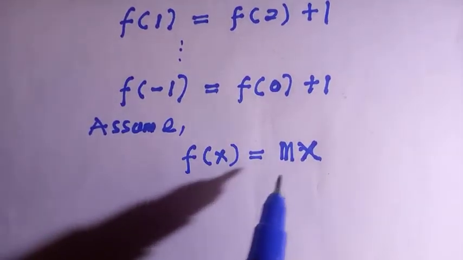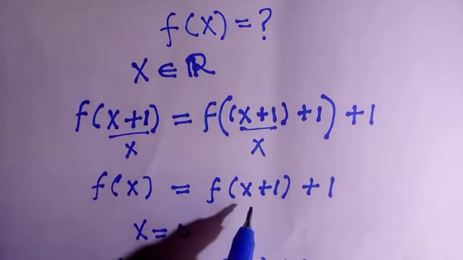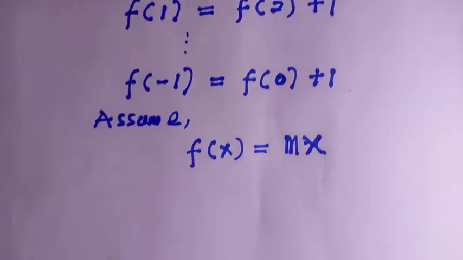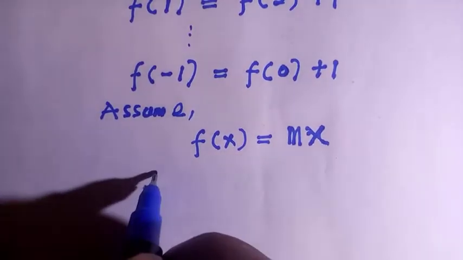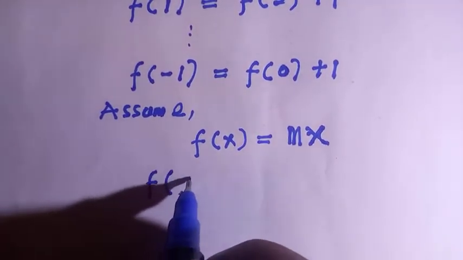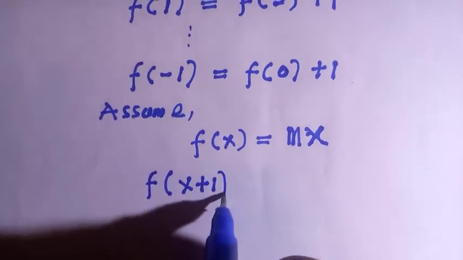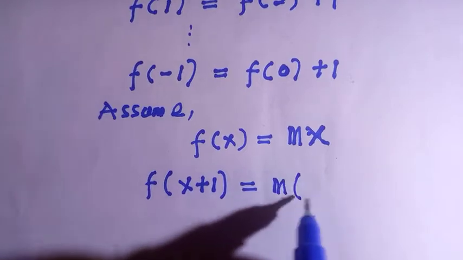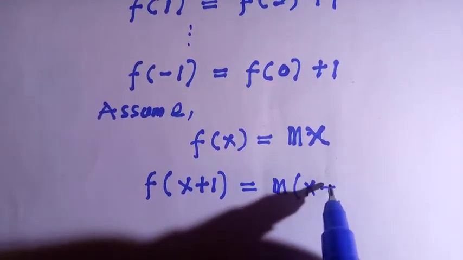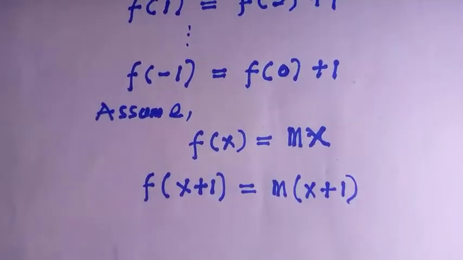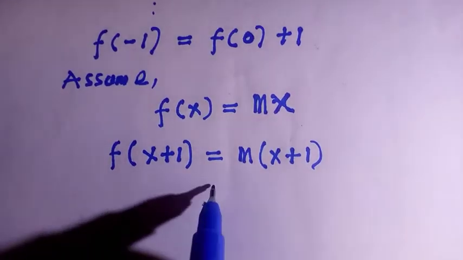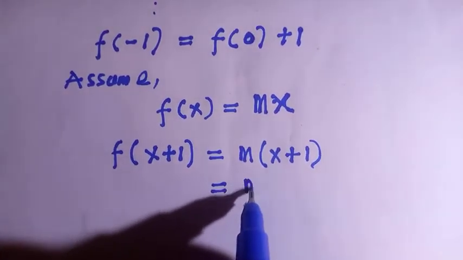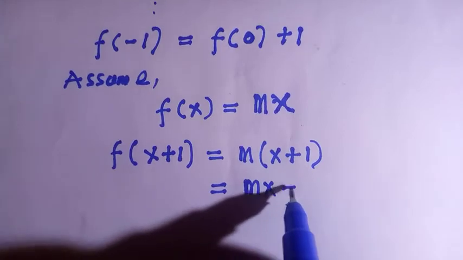If this equals mx, then from the other side, f of x plus 1 equals m, a constant value, we take it out, then x plus 1 will be in the bracket. And by opening the parentheses here, we have mx plus m.